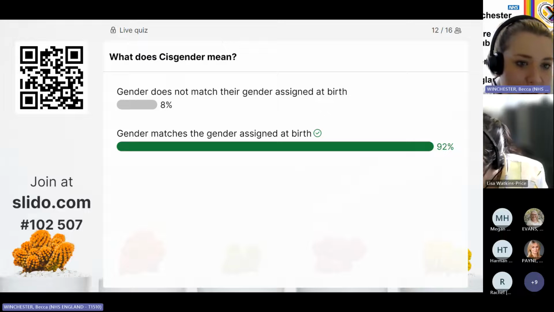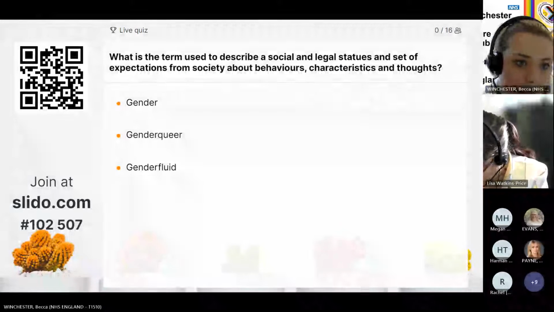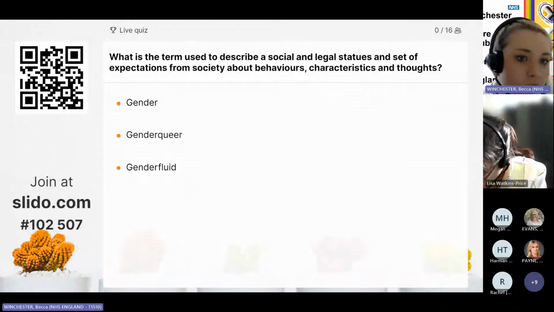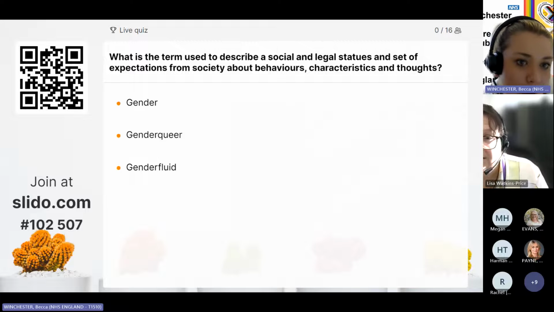So it's gender that matches the gender assigned at birth. What's the term used to describe social and legal, sorry, that should say statuses, and a set of expectations from society about behaviours, characteristics and thoughts? Is it gender, genderqueer or gender fluid?